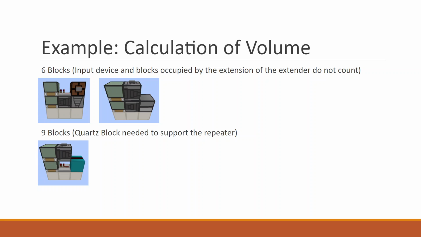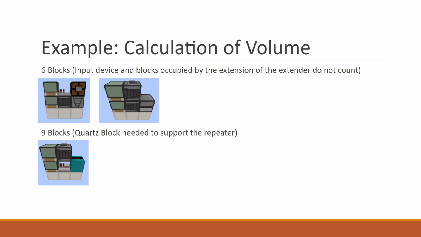Now, talking so much about volume and the choice of definitions for volume, it's time for us to calculate the volume. Here I have included a few examples with extenders mainly. These two screenshots represent a double piston extender that occupies 6 blocks.